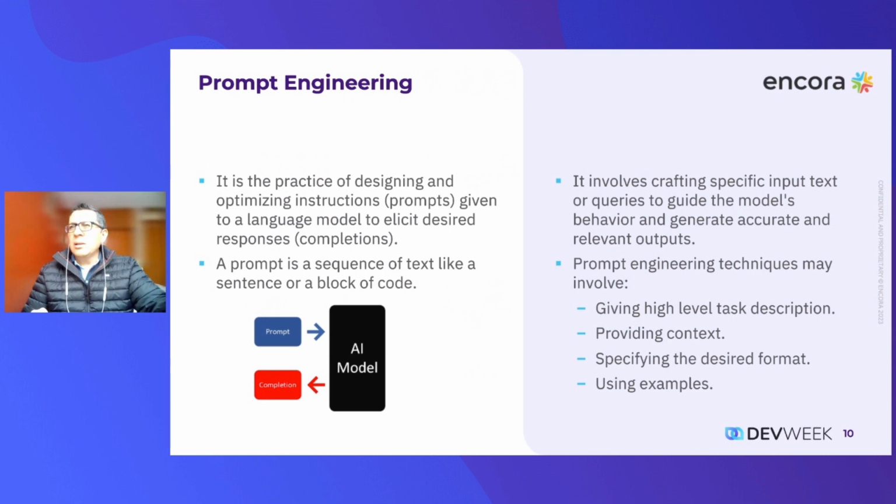Okay, that output could be a huge text, or it could be code also. So prompt engineering involves crafting specific input texts or queries to guide the model's behavior and generate accurate and relevant outputs. This involves, for example, giving a high-level task description, providing context to the model, specifying the desired format that you want the model to produce, or just giving examples to guide the AI model.